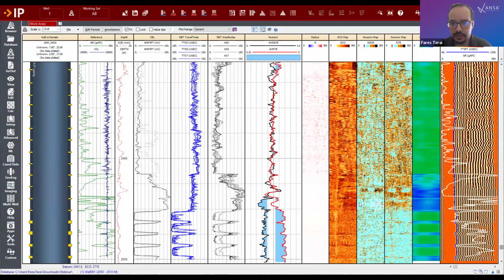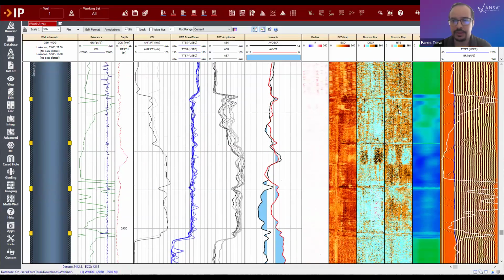Note here, if I zoom out and in again, that the RBT sector map, and also the sector amplitude, shows that this liquid zone is a bit shallower than the one indicated by the Nusonix tool. This is likely because of a thinner cement sheet below the bottom of the perforated interval, which is here. So that kind of explains the discrepancy in the readings.